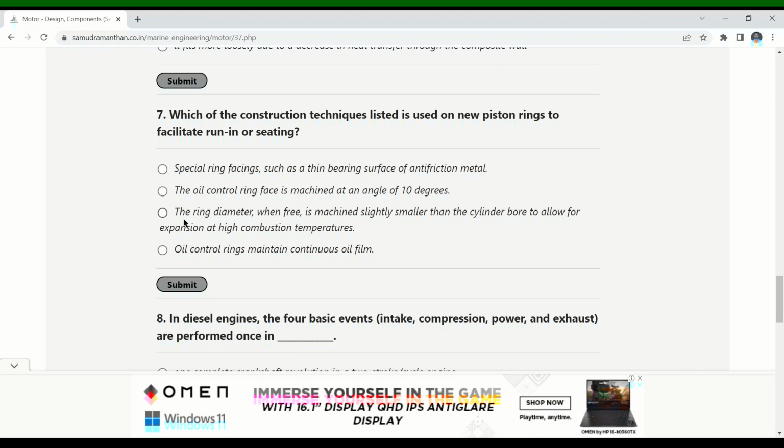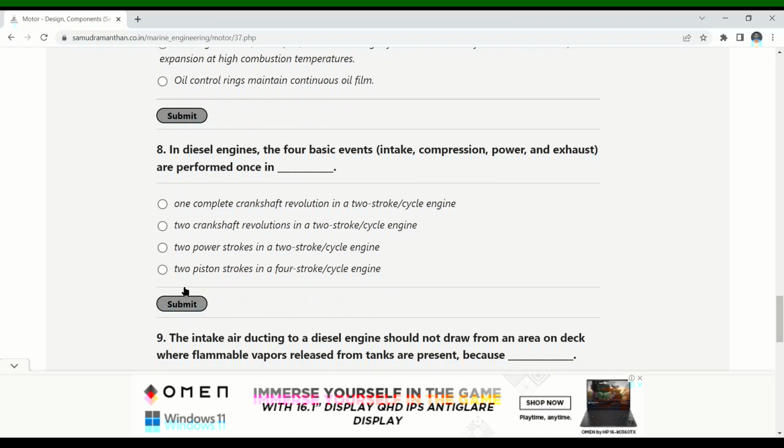The ring diameter when free is machined slightly smaller than the cylinder bore to allow for expansion at high combustion temperature. Oil control rings maintain continuous oil film. The correct option should be a special ring facing such as a thin bearing surface of anti-friction metal.